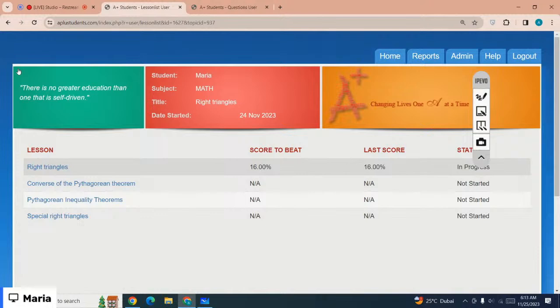Okay, the next one is the converse of the Pythagorean theorem. Let's just start with the next lesson.